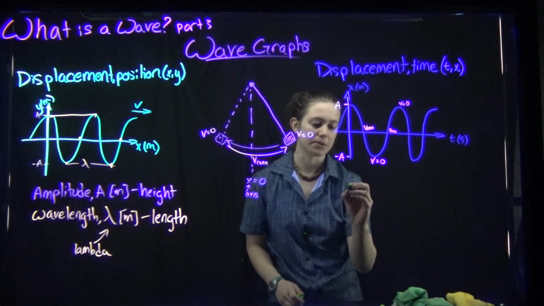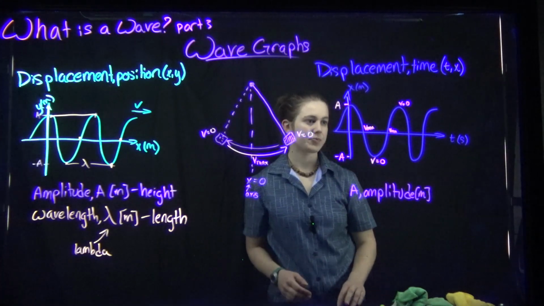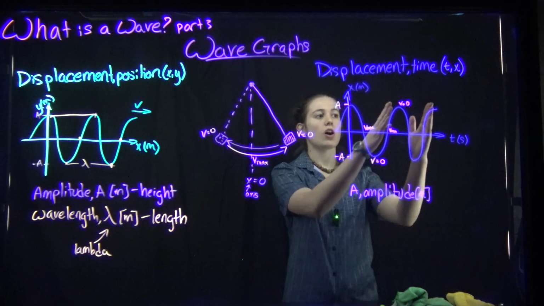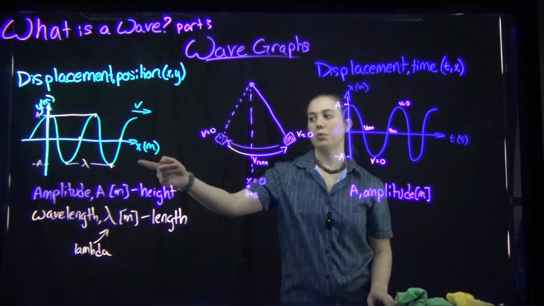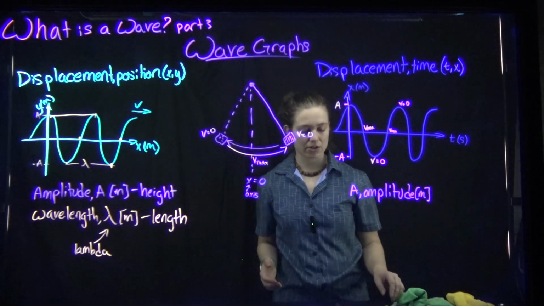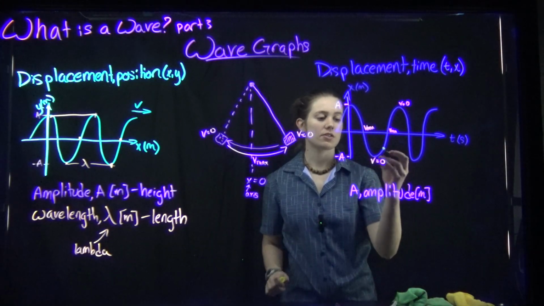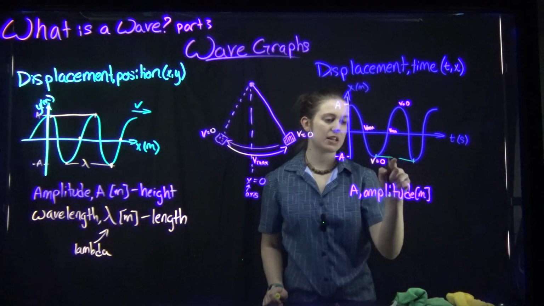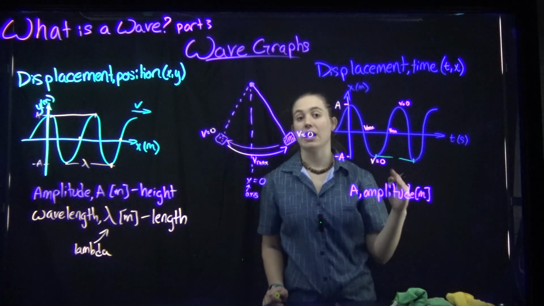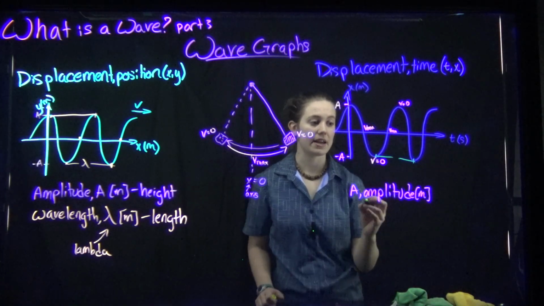So we still have our amplitude on this graph. But now, if we measure between trough to trough or peak to peak, we're not going to be measuring a unit of length like we were over here. Instead, we're going to be measuring a unit of time. So if we measure from here to here, we get something in time because we're measuring something on the x-axis, which is our time axis.